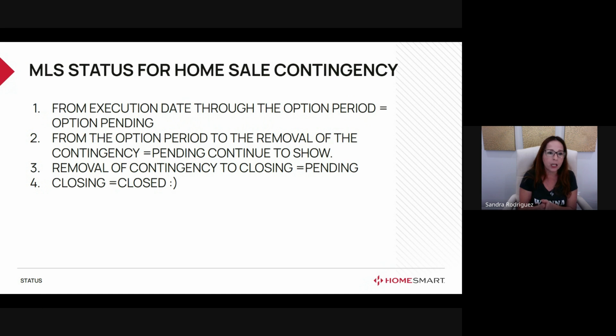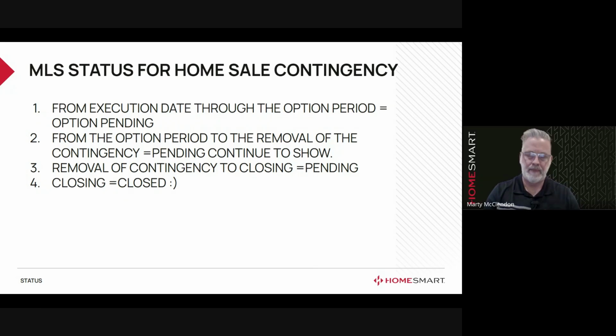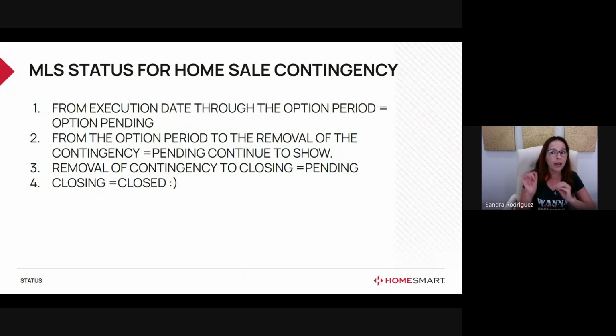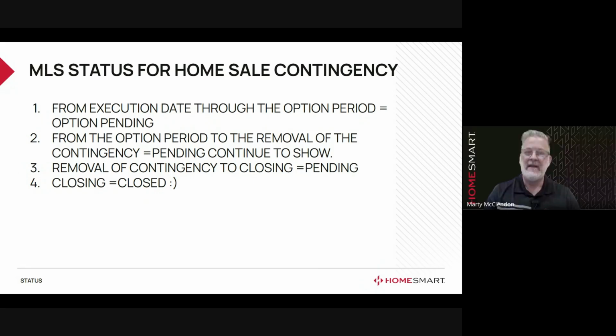Can we send this one without an amount on the contingency, like on letter C, where the buyer may waive the contingency and then put an amount? Can we put NA if they're not planning on it, or does it have to be filled out with an amount? It's got to be filled out.